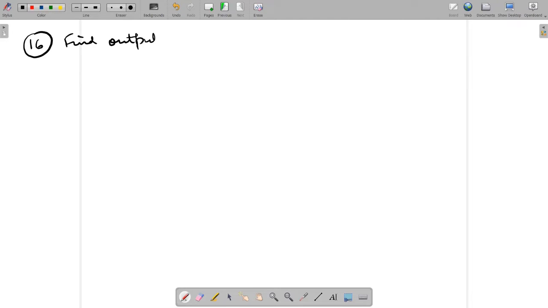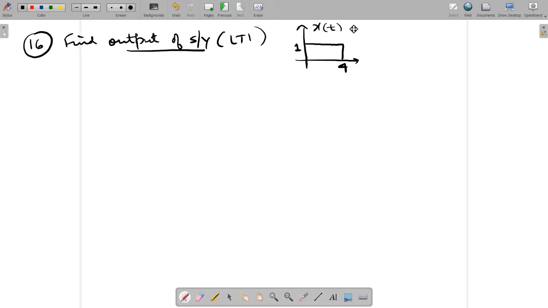Find output of system LTI, just input as... Fine.